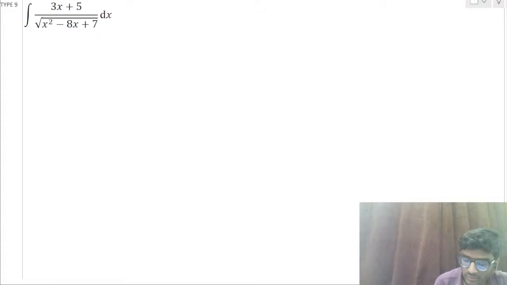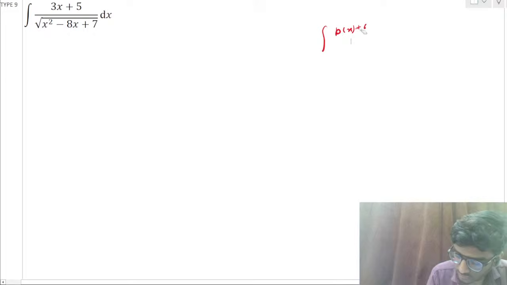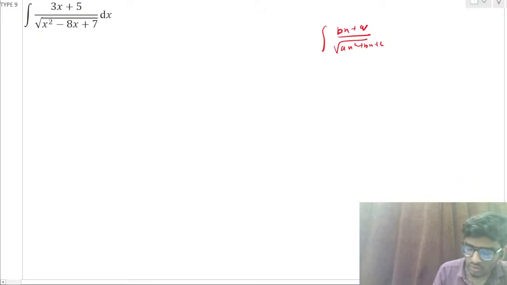So we have an integral of this type: px plus q upon under root ax square plus bx plus c. It is lagging and not working.